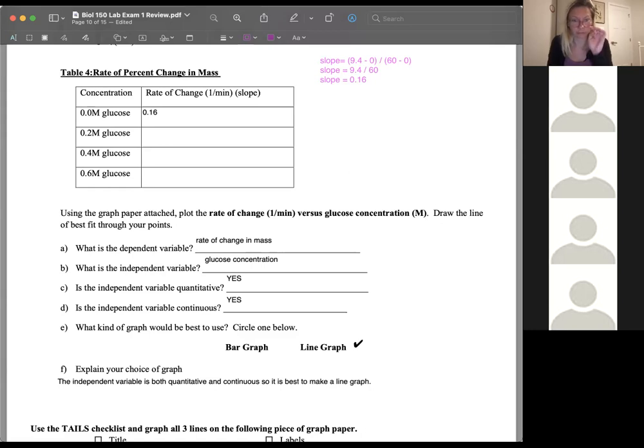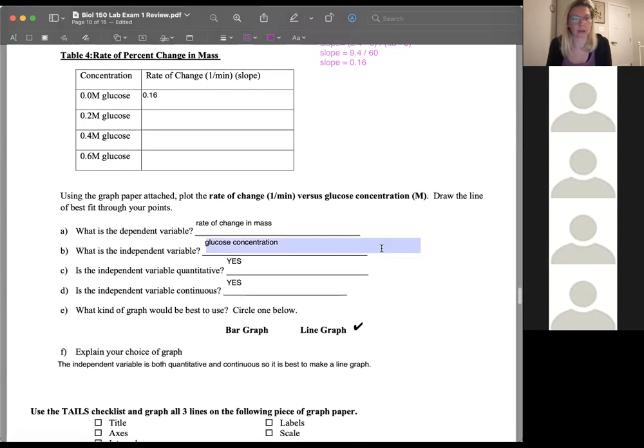And then of course, if we were going to make this graph, the rate of change in mass would be our y-axis. Glucose would be on the x.